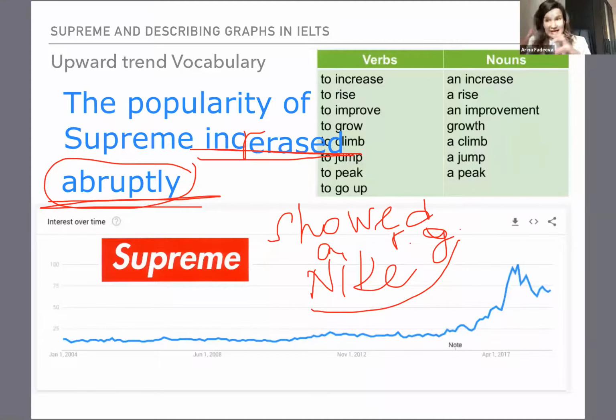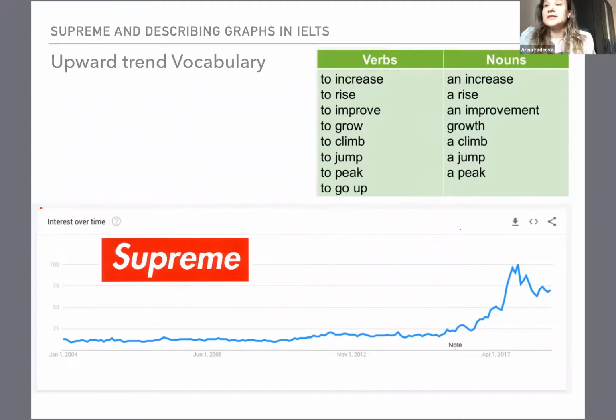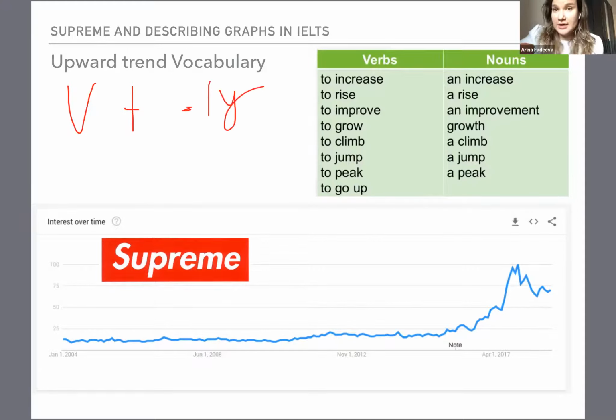So you get the idea, guys, right? That we need to mix verbs with nouns. But the thing is that verbs are usually followed by adverbs with ly. So if you use a verb, the adverb should stand after it. Sorry, I'd better type because I don't like my handwriting here.